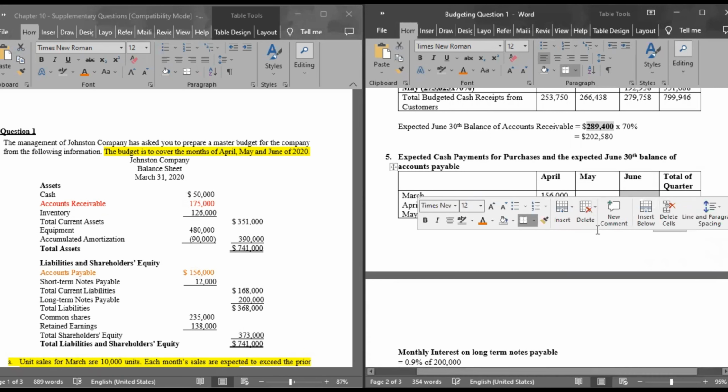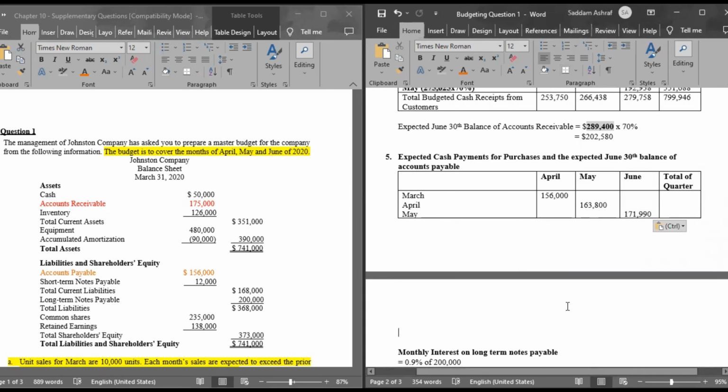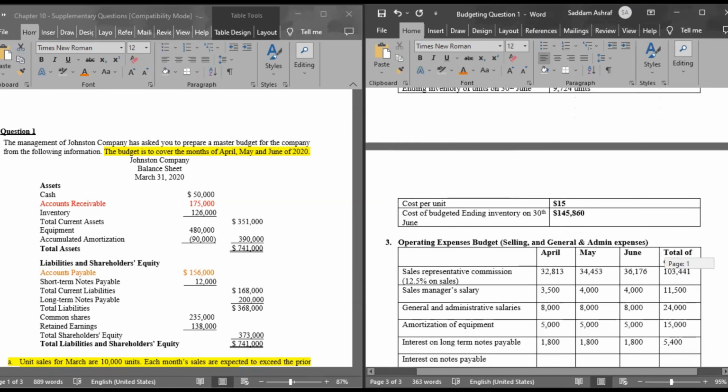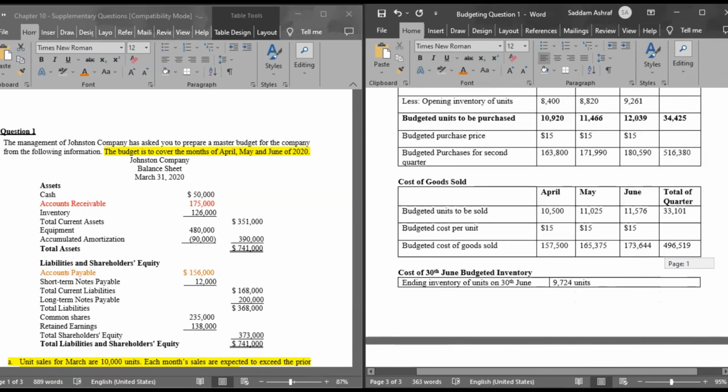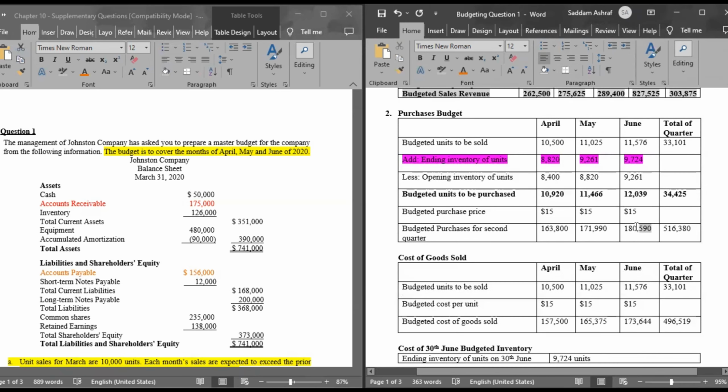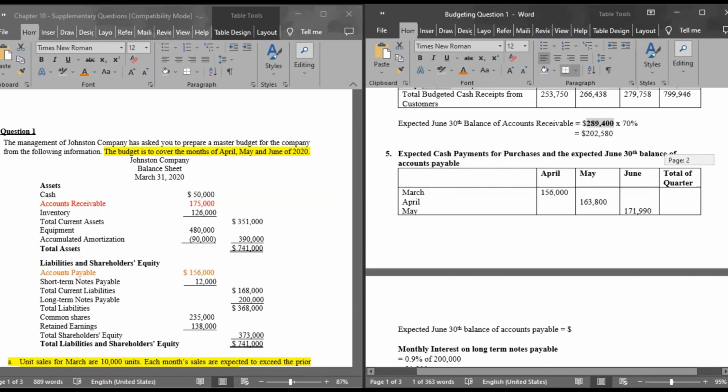So the amount of June purchases will be the expected June 30th balance of accounts payable. The June purchases will be paid in July, so we will write it down as the accounts payable at the end of the quarter.